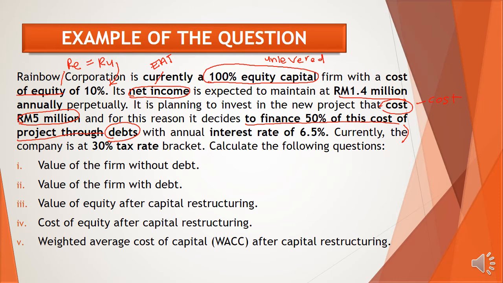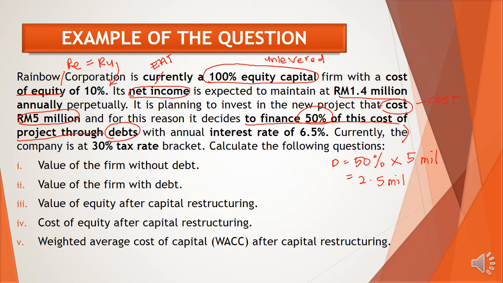So how much is the amount of debt? The amount of debt here represents 50% of the cost. 50% of 5 million means that the debt amount is equivalent to 2.5 million. So half of the project cost will be financed through debt.